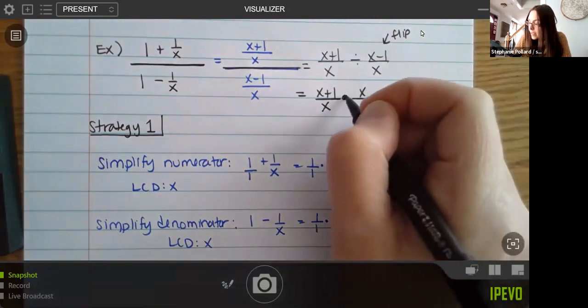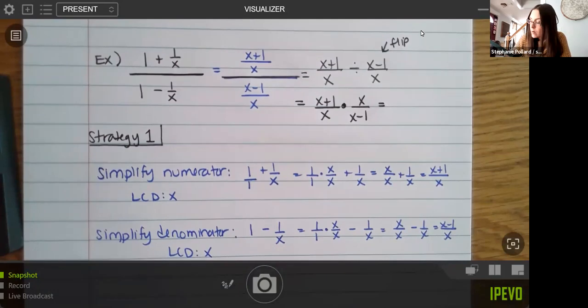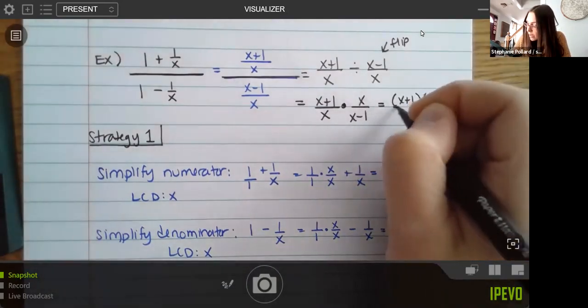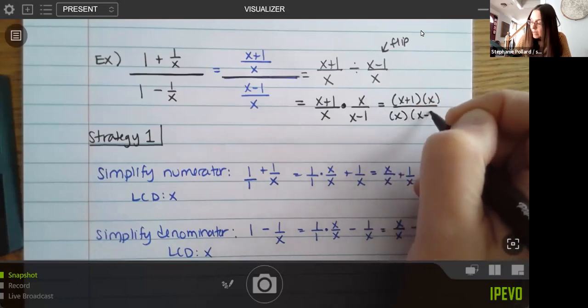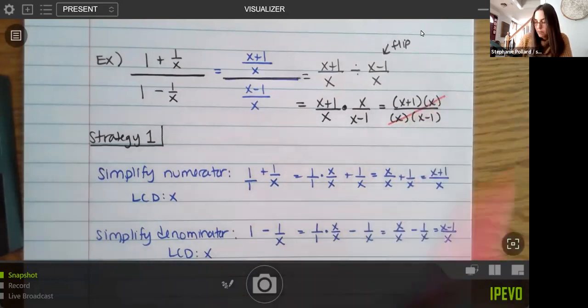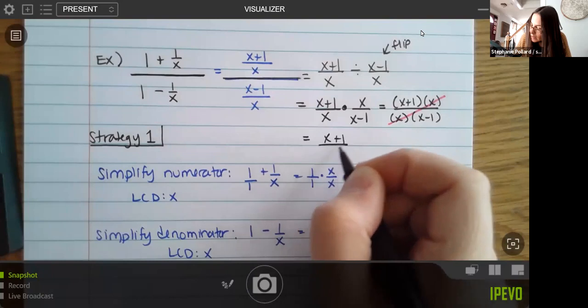Now you're multiplying here. Everything is already factored. I don't have any squares. I don't see any common factors or anything here. So I'm just going to rewrite the numerator and rewrite the denominator and cancel what is in common. So I have x plus 1 over x minus 1.